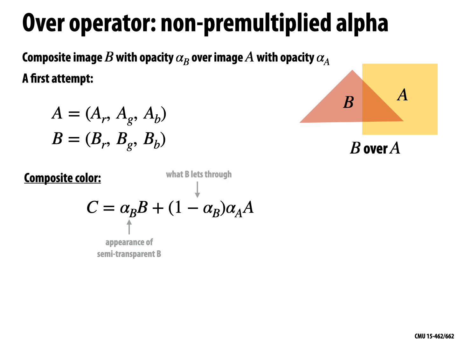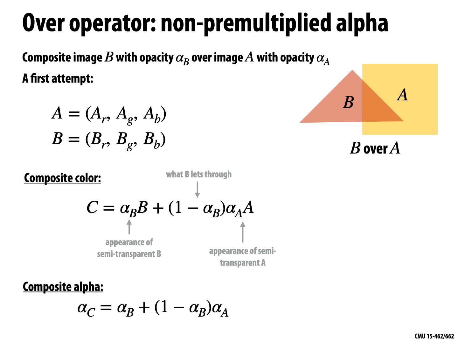So how much color or light does B let through times how much of A do we see, the color of A times its transparency. That's very natural. That sounds pretty reasonable. Okay. Another thing we'll have to do is figure out what the new alpha value is.